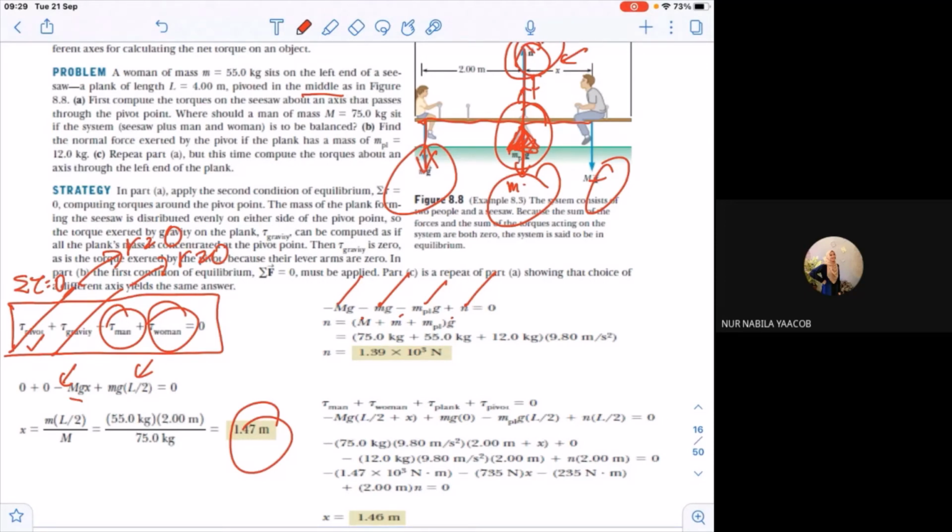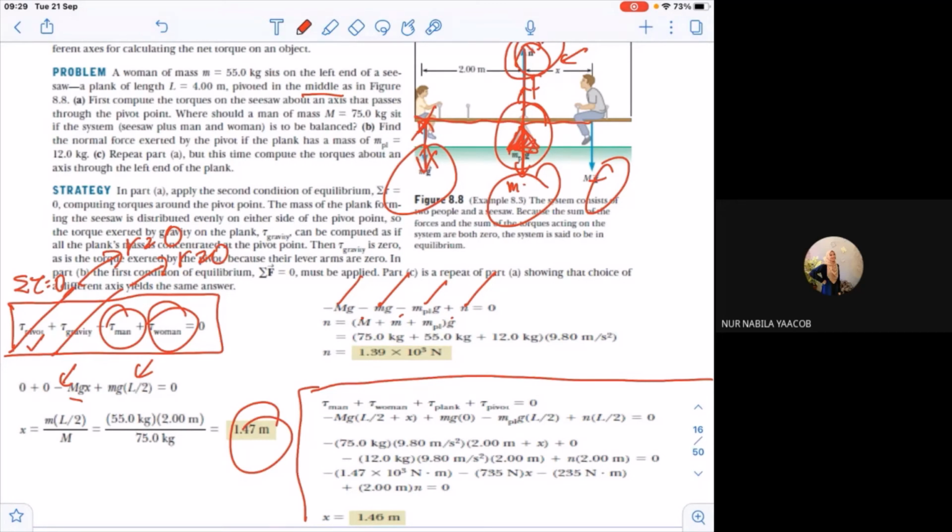In part A, they consider the pivot as the center of rotation, in the middle. But in part C, they want to put the center of rotation here.